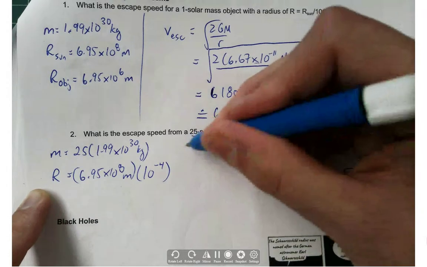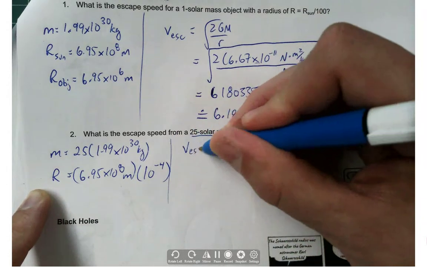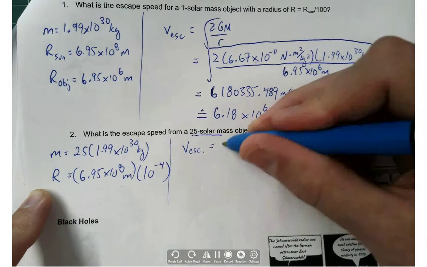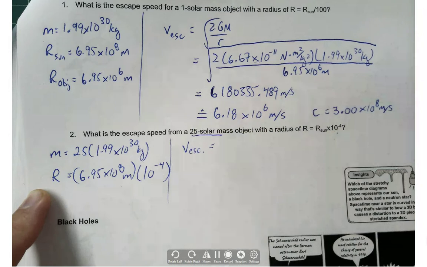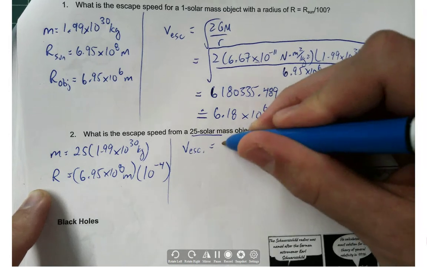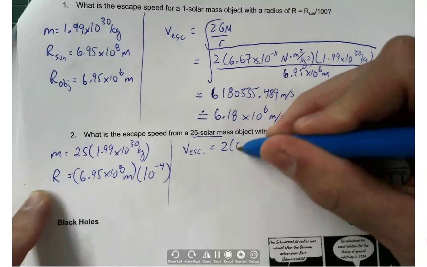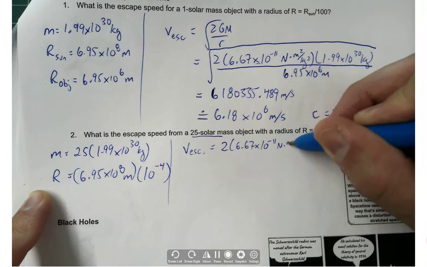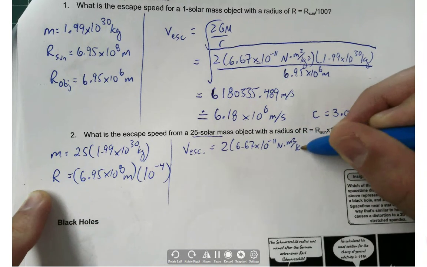So we say, okay, the escape speed, and I'm not going to rewrite the formula. I'm just going to sub in this time: 2 times 6.67 times 10 to the negative 11 Newton meters squared per kilogram squared.